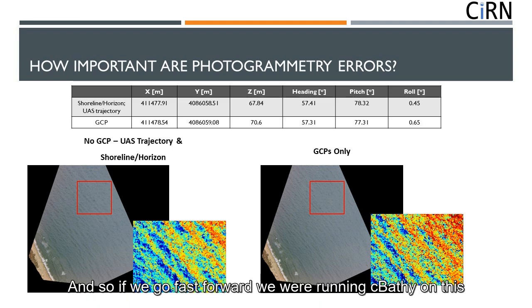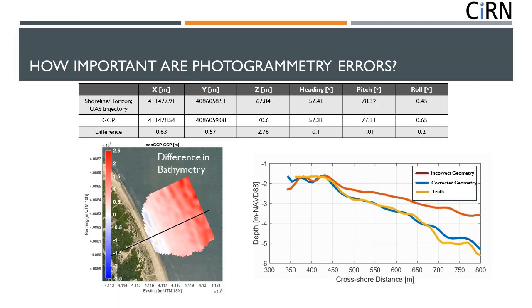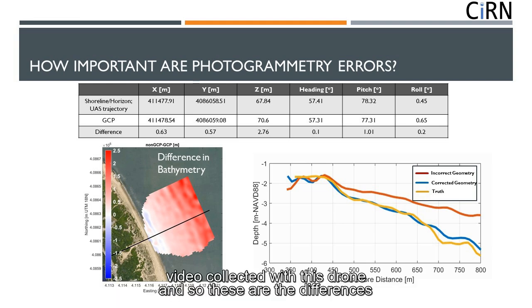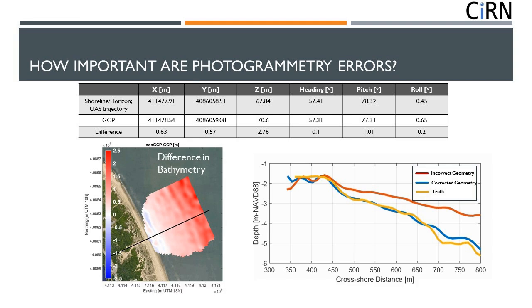And so if we fast forward, we were running CBATHY on this video collected with this drone. These are the differences in bathymetry calculated with CBATHY from those 2 projections.